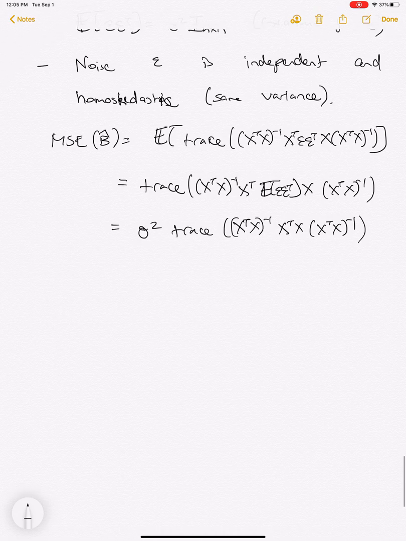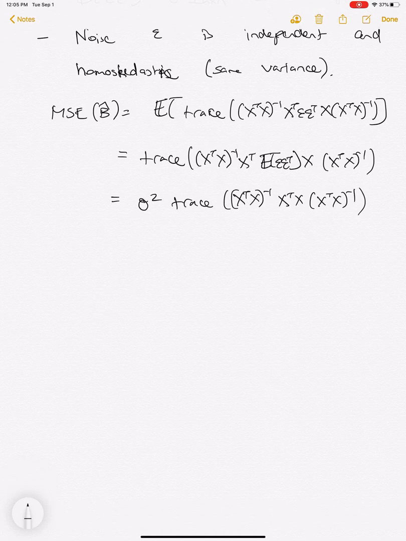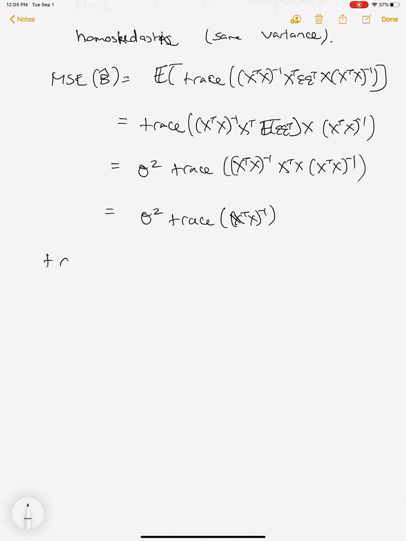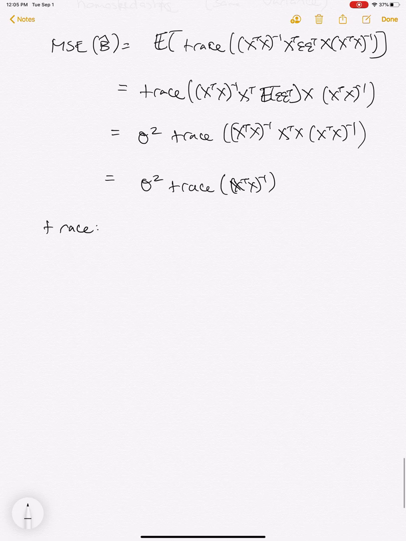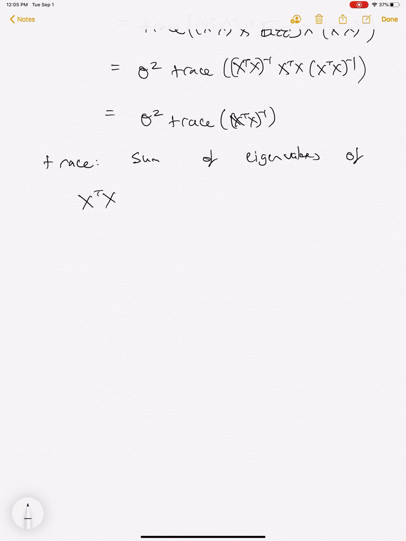This gives us sigma squared, the two of the inverses cancel out, and we get the trace of X transpose X inverse. So recall that trace is the sum of the eigenvalues of X transpose X.